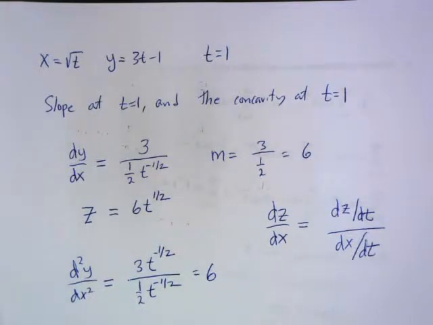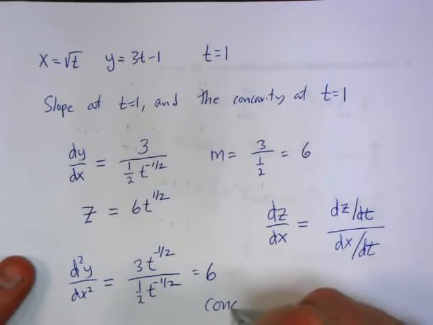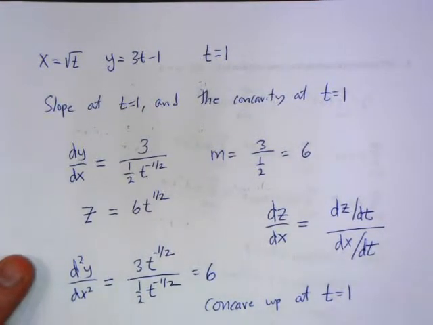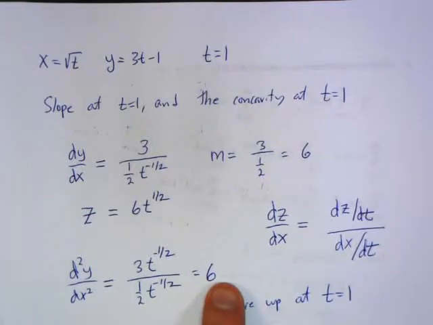So what does that tell you about the concavity at t equals 1? Positive. So the function is concave up. Plug in 1 for t, but there aren't any t's left. So it truly wouldn't matter which number I'm using for t. Any number for t would give me a positive value, would give me 6.